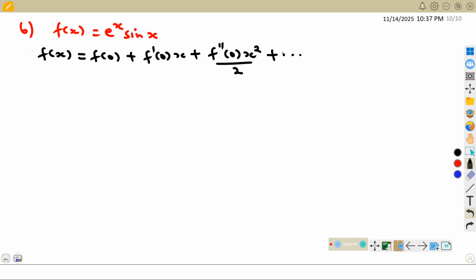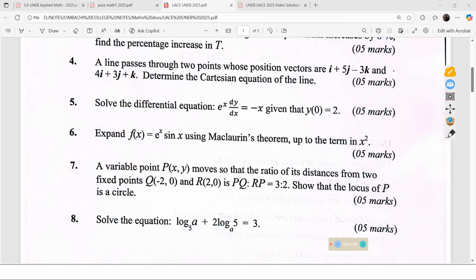Our interest is to compute f derivative of 0 and f double derivative of 0, since we are expanding up to x squared.